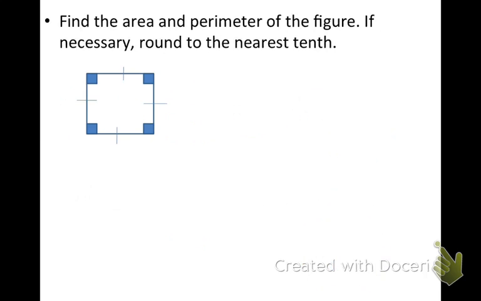Find the area and perimeter of the figure, if necessary, round to the nearest tenth. In this figure, all 4 sides are shown to be congruent, and one side is 1.6 centimeters.